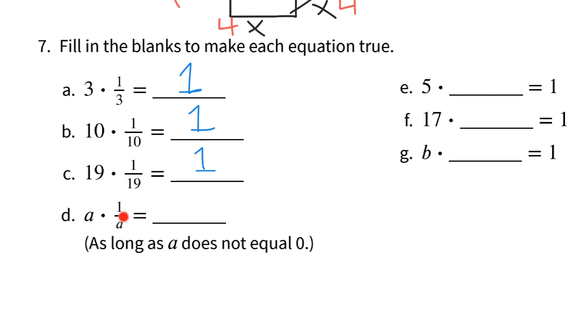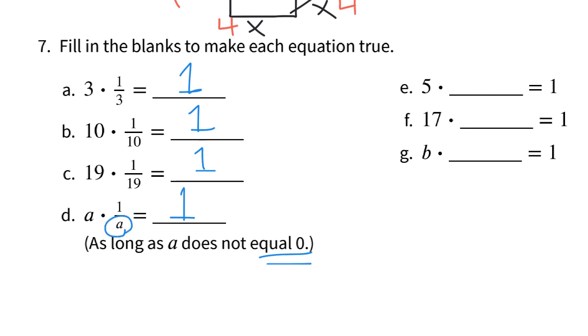Ooh, a times an eighth. 1/8. That's funny. 1 over a. So the idea is we should be seeing a pattern. 3 over 3 is 1. 10 over 10 is 1. 19 over 19 is 1. So a over a is 1. All right. And really, as long as a does not equal 0, that's because you can never divide by 0.